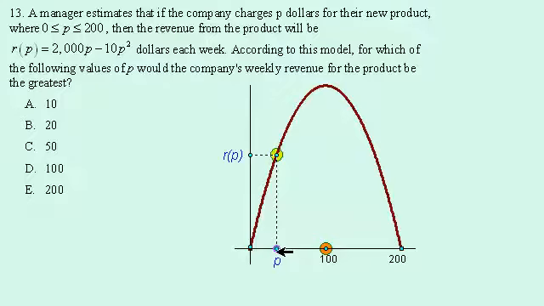So obviously this is a parabola, and between 0 and 200 there is going to be exactly in the middle a point, and that point is going to be at 100. So at 100 the profit is going to be maximum.